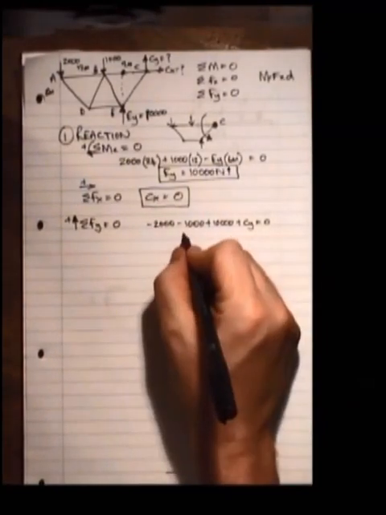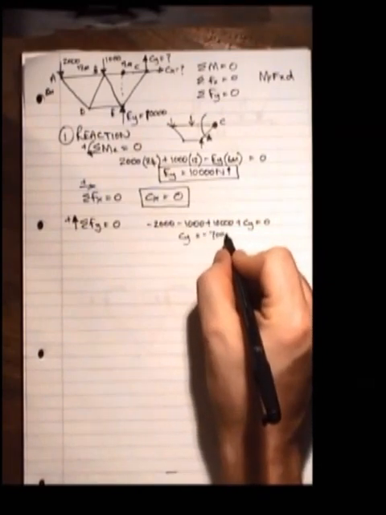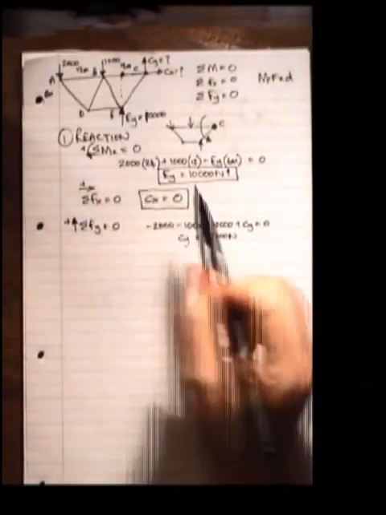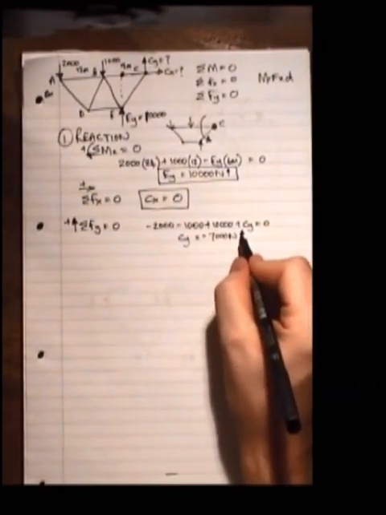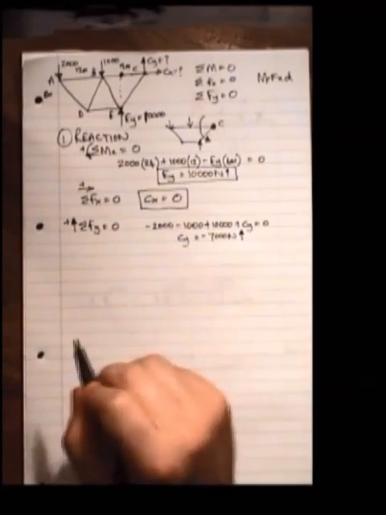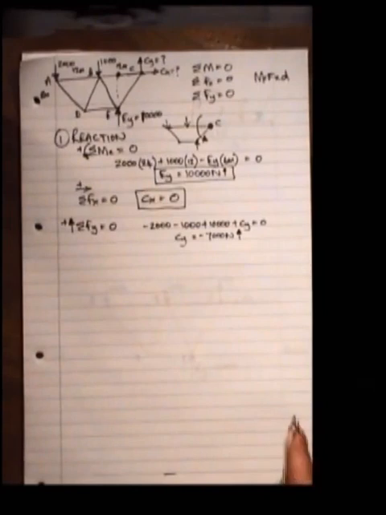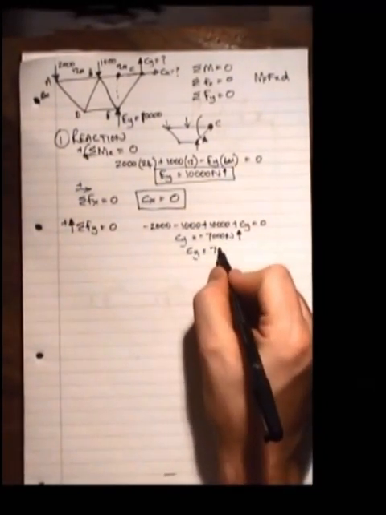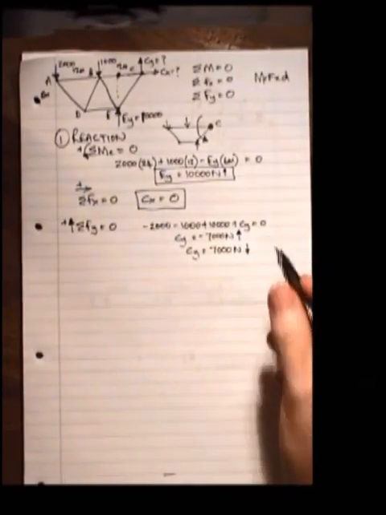Now CY ends up being minus 7,000 newtons. Now I'm guessing that CY was going upwards. Now because it's come out as minus, it means that I've guessed the direction of my reaction wrongly. So CY is actually 7,000 newtons downwards.